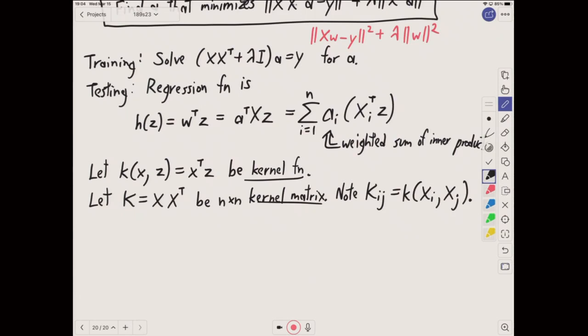One thing I want to note is that K obviously is always going to be positive semi-definite, but sometimes it's going to be singular. Sometimes it will have eigenvalues of 0.